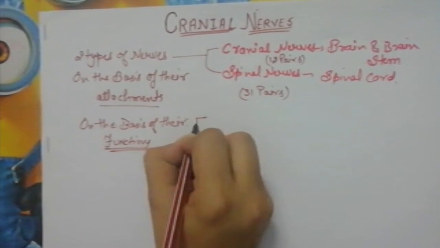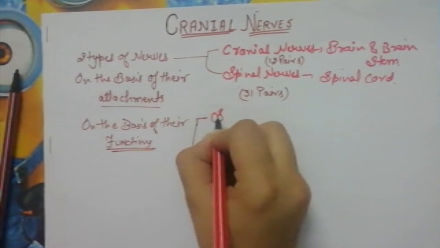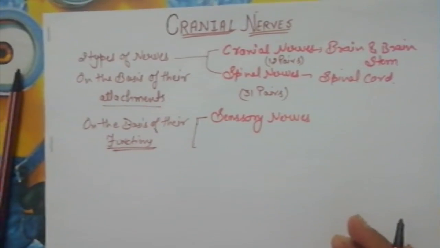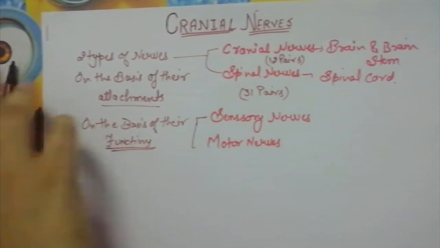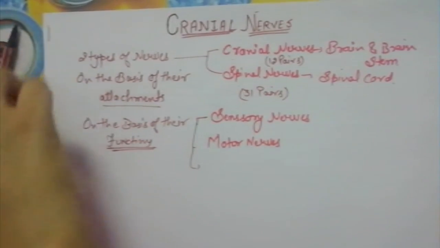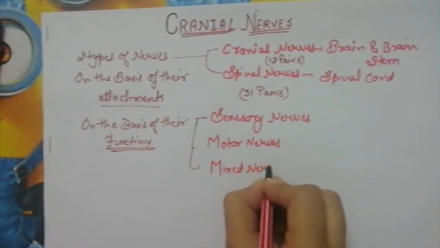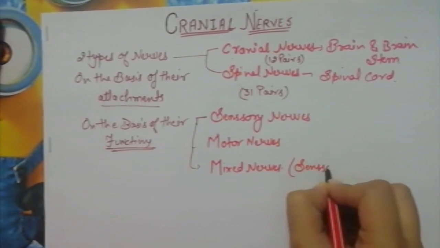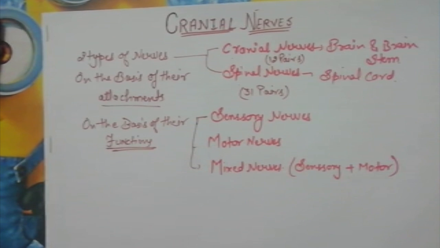First is the sensory nerve, and second is the motor nerve, and one more type is the mixed nerve. Mixed means it has both sensory and motor contents.